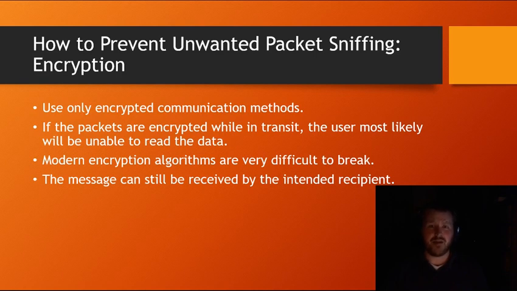Because of the way packets are set up, they're bundled data, so you can encrypt them very easily, and then you can send the key to the recipient, and they can receive the packet as normal. But it helps to prevent the packet from being intercepted mid-transit and being picked up by someone that you don't want to know the information. Encryption methods now are very hard to crack, assuming you're staying up to date and there's no collisions found. It's very good at keeping the important data out of people's hands.